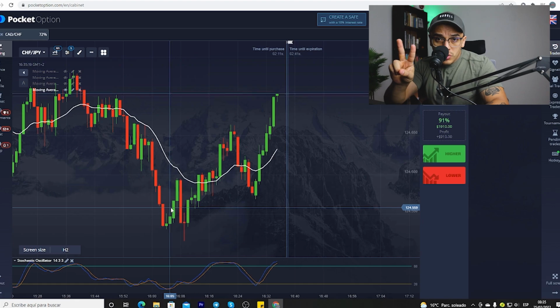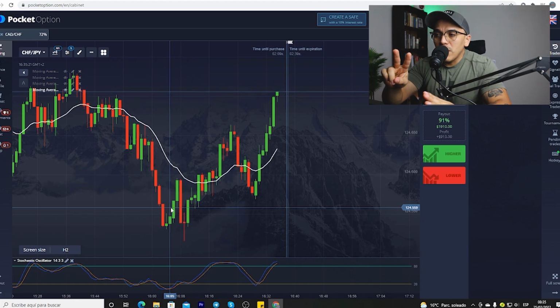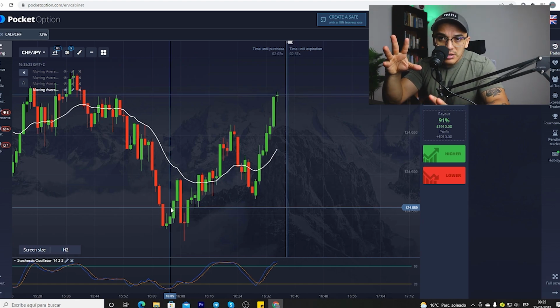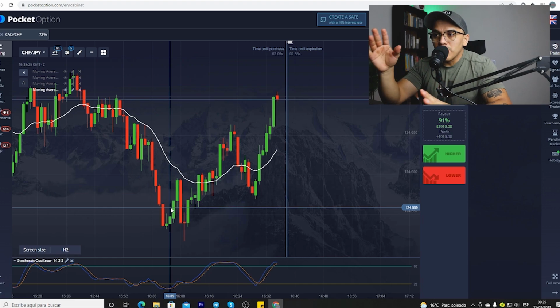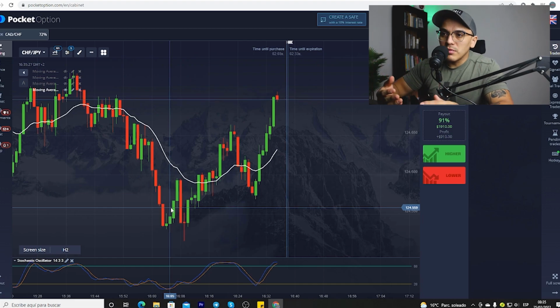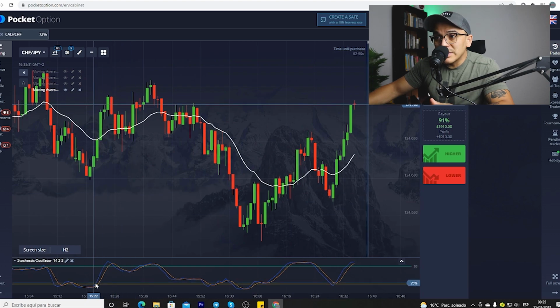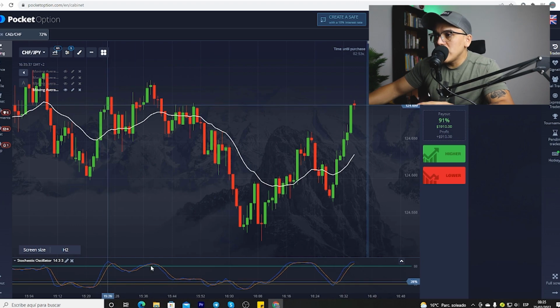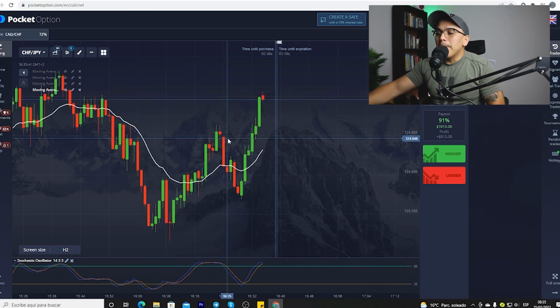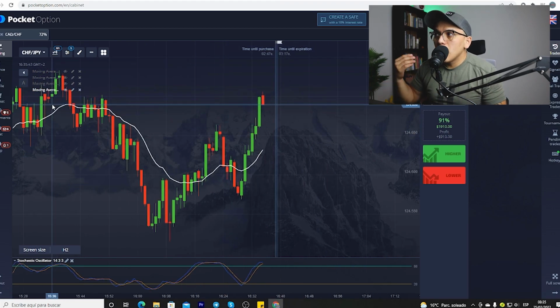With those two indicators sending us those two signals, we are going to trade for a put, or the contrary, for a call like this. Another example here, crossing going up, we trade for a call for 3 minutes. The time frame to trade is 3 minutes, 3 minutes.